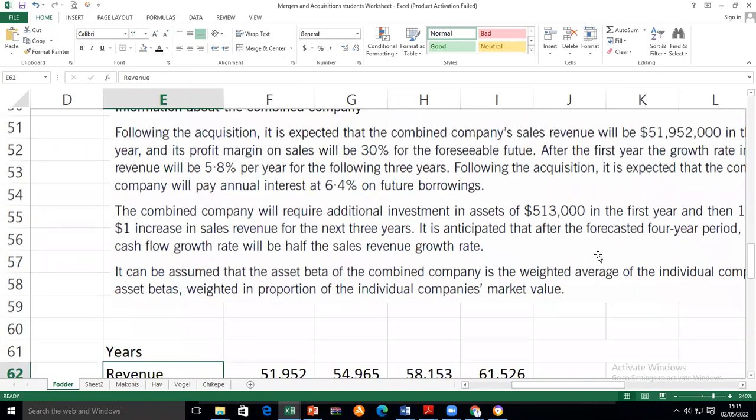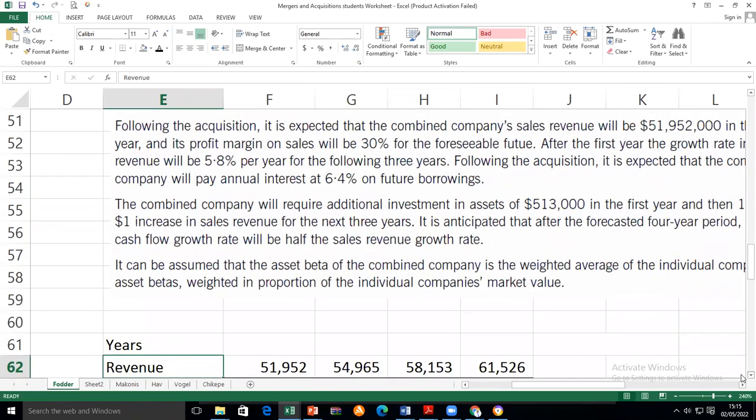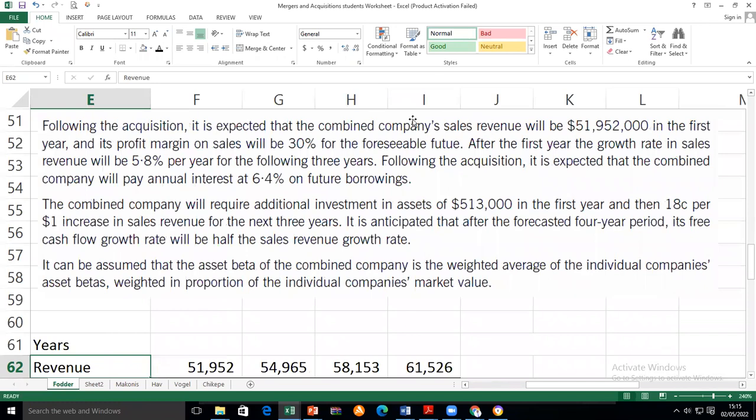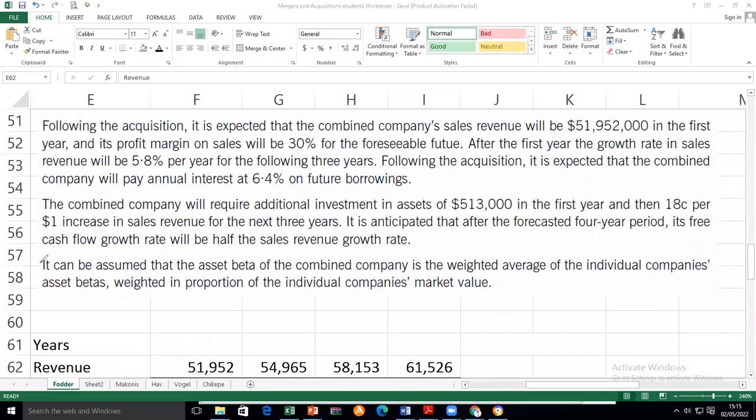Okay, more specifically, here we are. This statement that you see here has been repeated several times on our exam. What is it? The beta of a combined company.